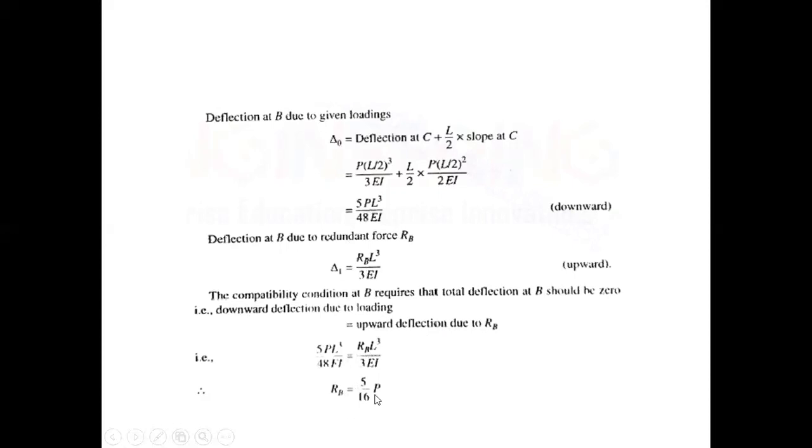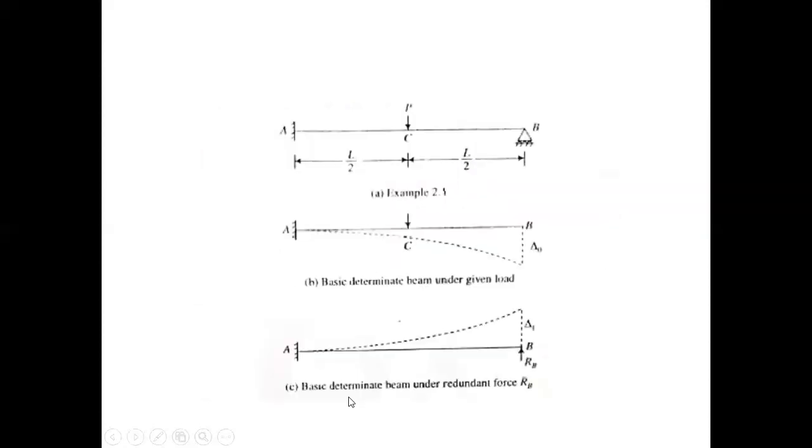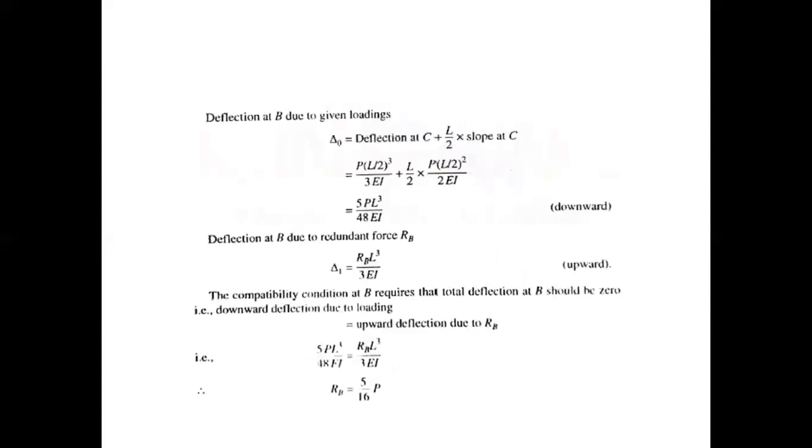In this way, we can easily calculate the extra force, and we can analyze the rest of the structure by using equilibrium conditions. This method is known as the consistent deformation method, and by this method we have easily calculated the support reaction that was unknown in this case.